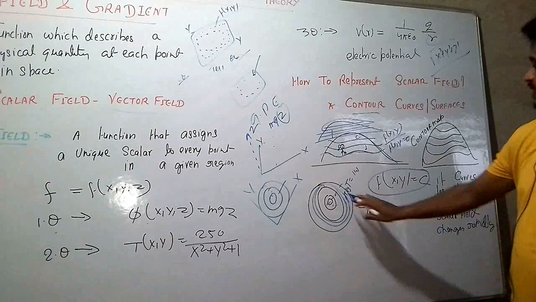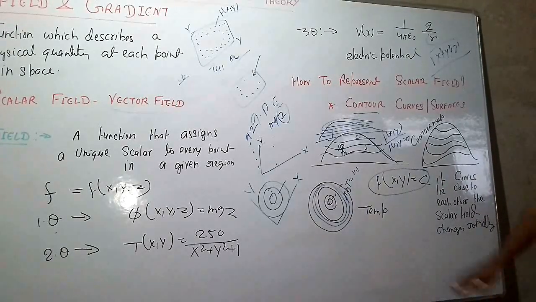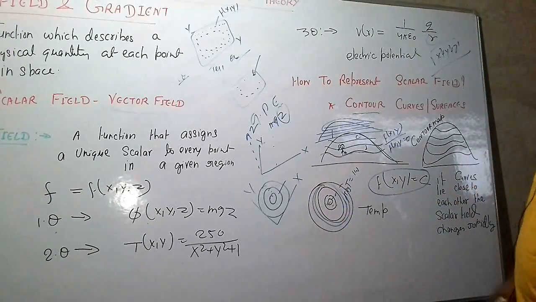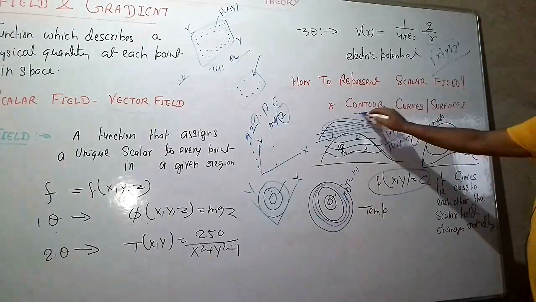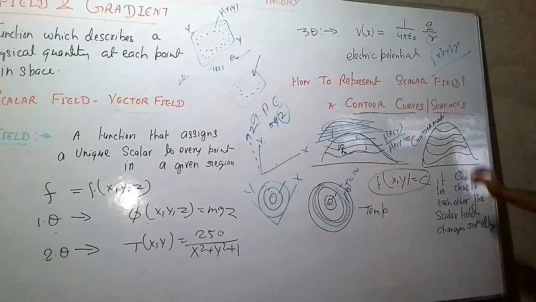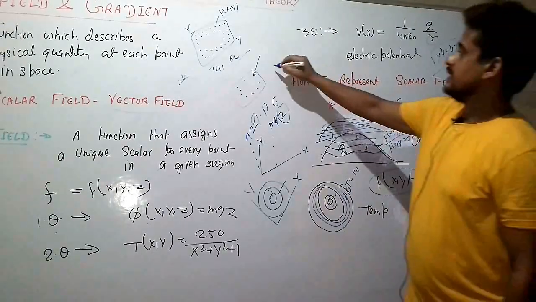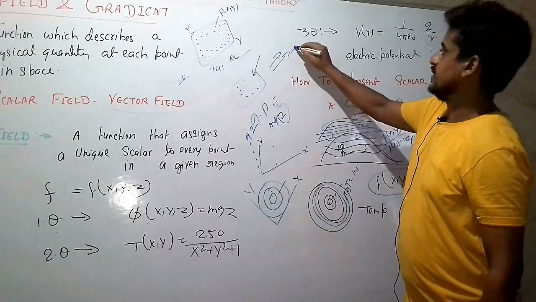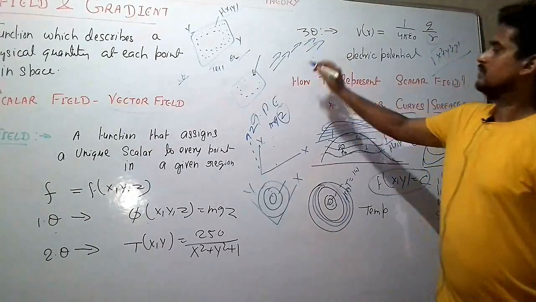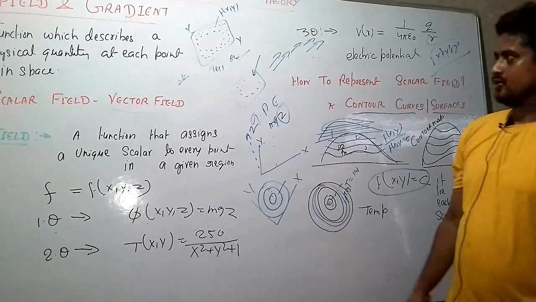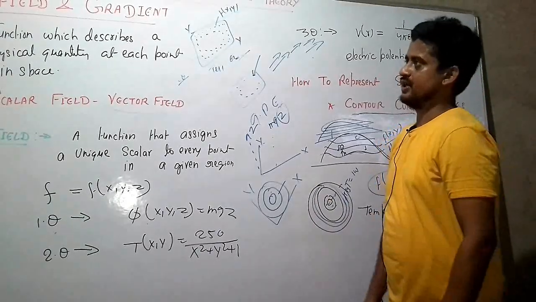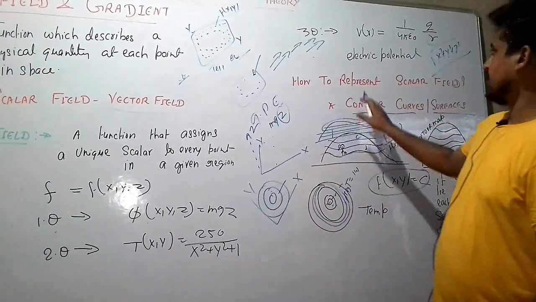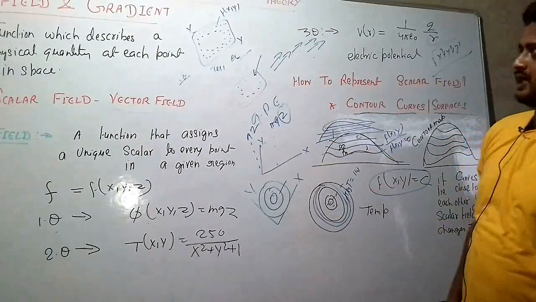So this is the best example of contour curves, and we represent a scalar field by contour curves or contour surfaces, unlike the vector field where we represent it by what you call lines.